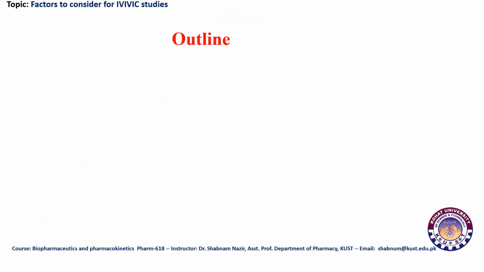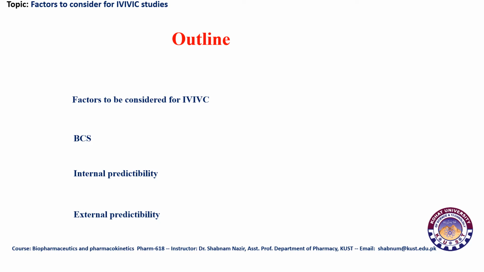The outline for the topics discussed in this lecture is: factors to be considered for IVIVC studies, the important one being BCS, the biopharmaceutical classification system, then internal predictability and external predictability concepts involved with IVIVC studies.